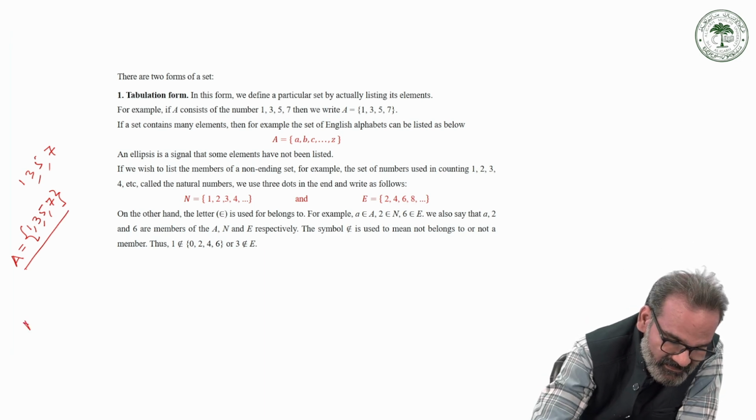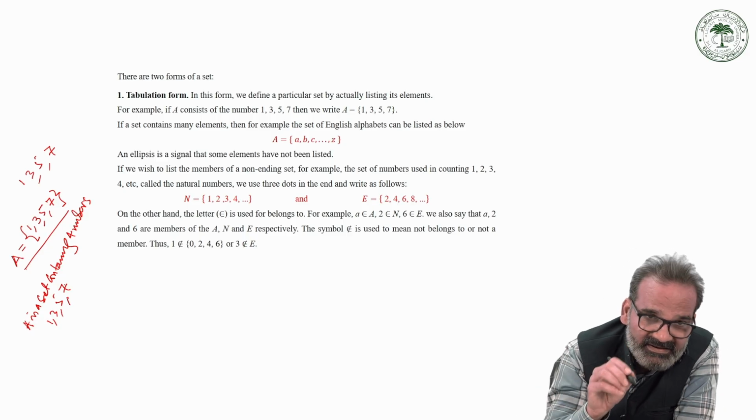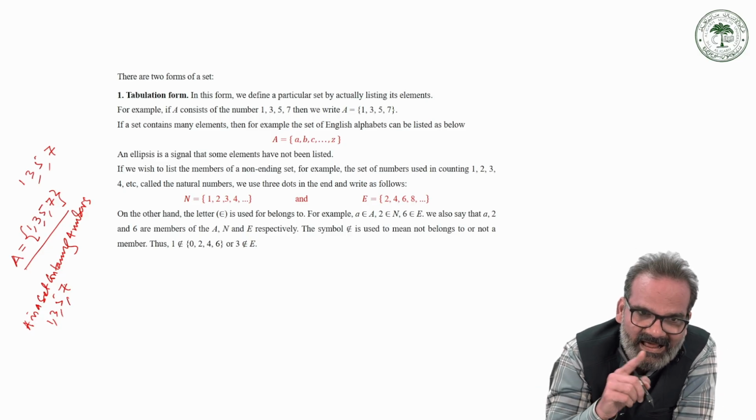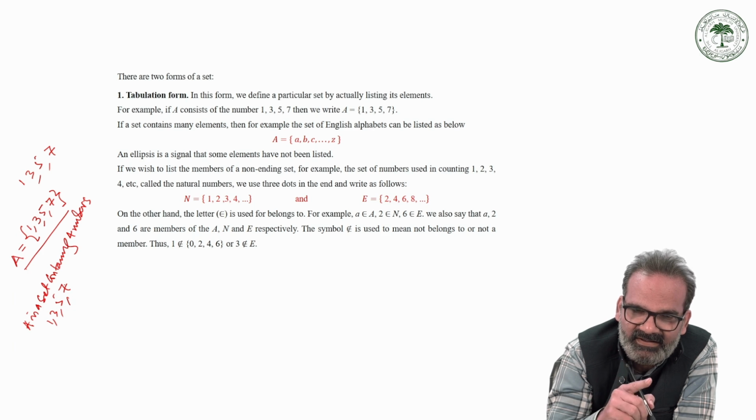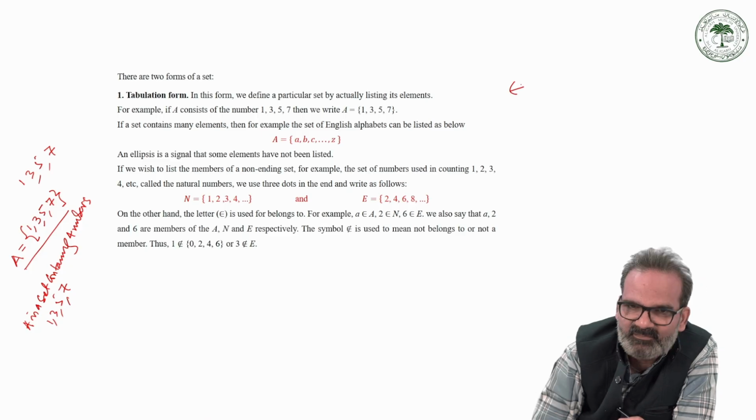And how we read it: A is a set containing four numbers: 1, 3, 5 and 7, right? This is how we read. Here 1 is an element of A, 3 is an element of A, 5 is an element of A, and 7 is an element of A. I have told you this symbol means belongs to.